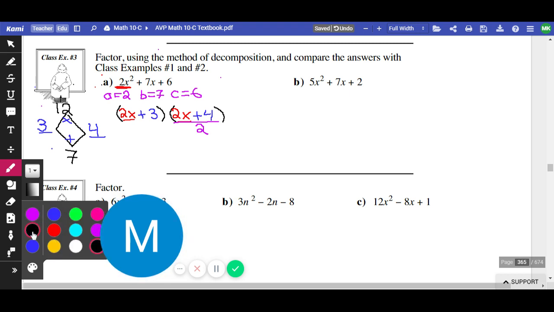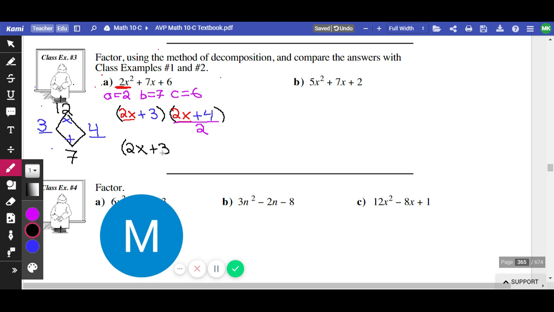That means my final answer is 2x plus 3. On this one, 2x divided by 2 would cancel to be x. 4 divided by 2 would become plus 2. That would be my solution.